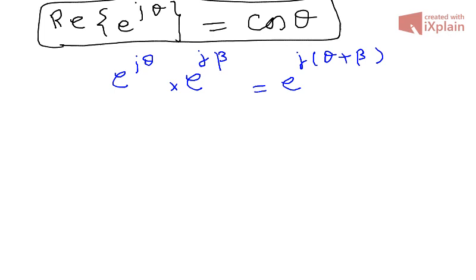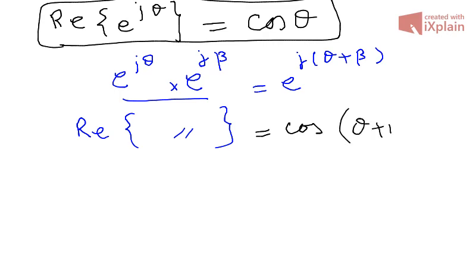You can rewrite it like this. And if you are interested in the real part of this, the real part is cos of (theta plus beta), right? So you can write it like this. These mathematical identities are important.